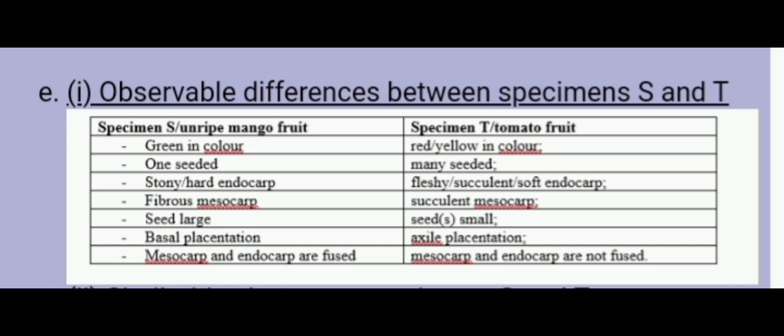The endocarp is the edible part, while in mango the endocarp is not edible. And in tomato, the mesocarp is edible, but in mango, the mesocarp may be eaten. Some people eat it, so it may or may not be edible. So I've compared and contrasted. I've given you similarities and differences between specimen K, tomato, and specimen N, mango.